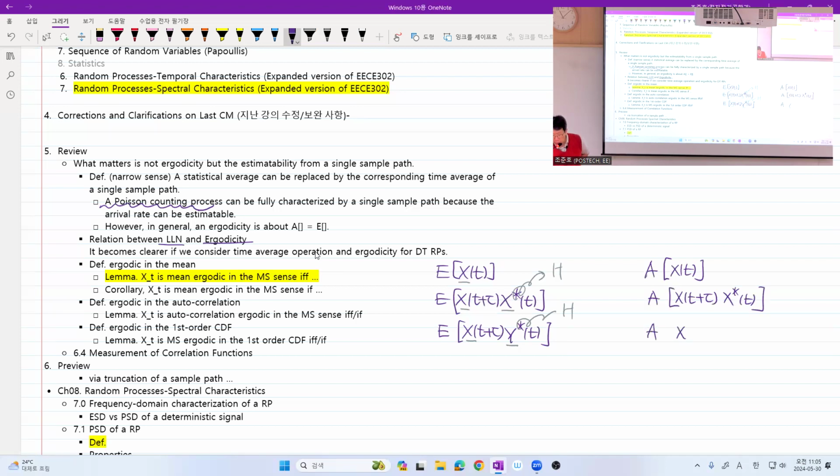Similarly, we have two random processes, and we calculate the time average of a kind of cross correlation. Now, what is the ergodic assumption? What is the definition? We say that they are equal.